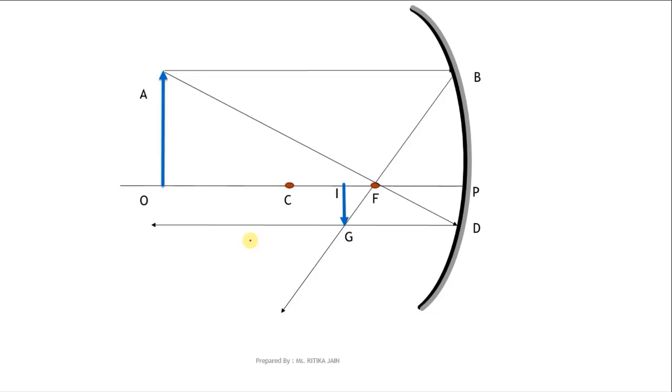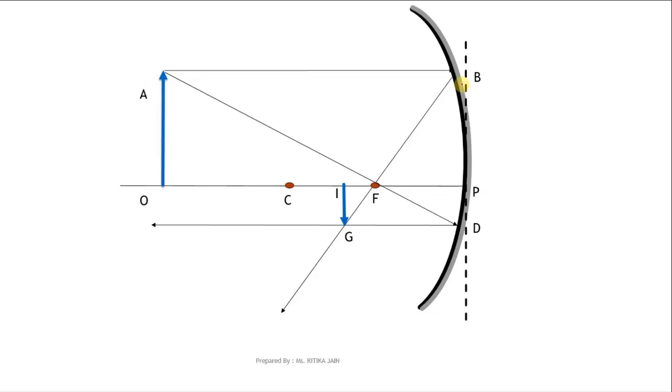First of all, I will require two triangles which I will prove are similar. For that, I will draw a tangent over here. This tangent meets the aperture at point P, which is none other than the pole of the concave mirror.